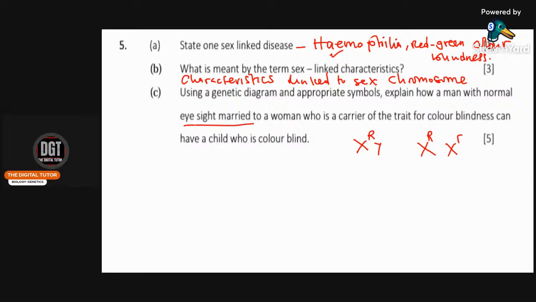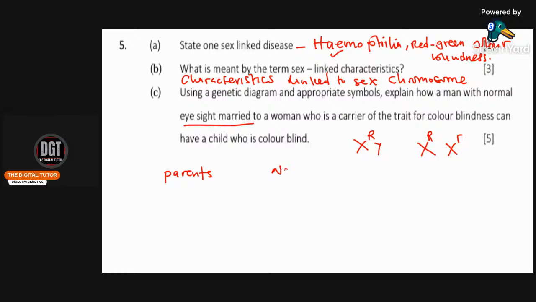Using the genetic diagram and appropriate symbols, explain how a man with normal eyesight married to a woman who is a carrier of the trait for color blindness can have a child who is colorblind. So let us cross. As always, we are putting up the genetic diagram.